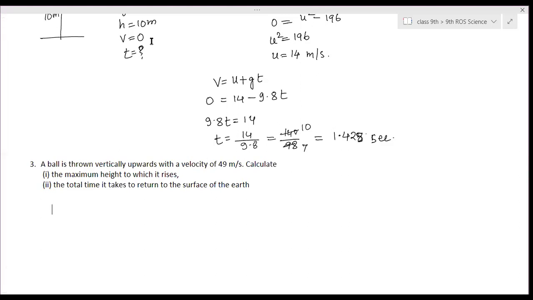Ma'am, here U will be 49 meter per second, right? Yes.